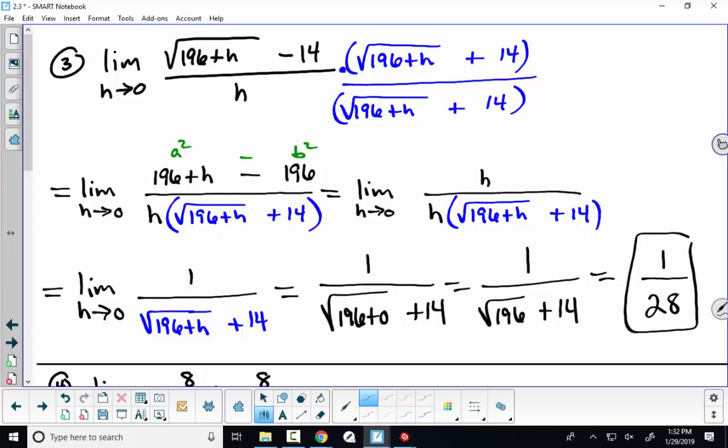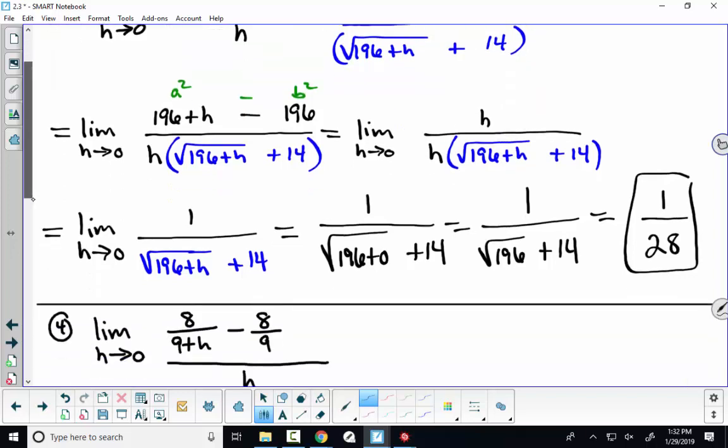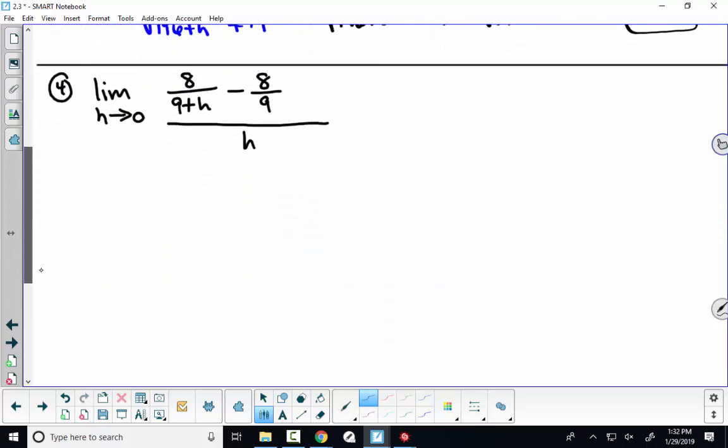Questions on this example? Okay, so functions that have radicals involved, we've seen a couple of ways to handle those. How about functions that involve complex fractions?